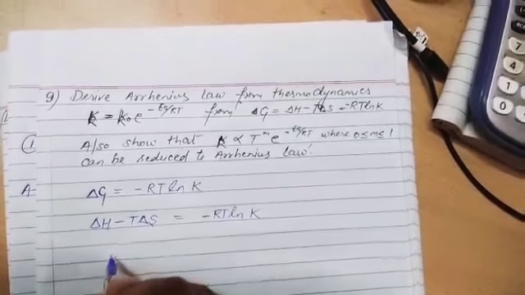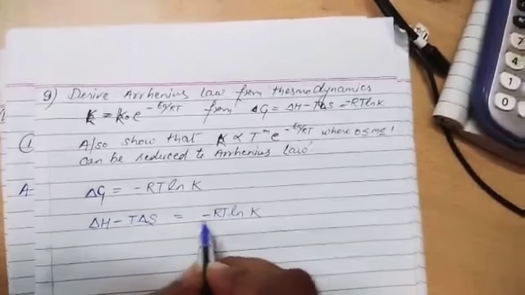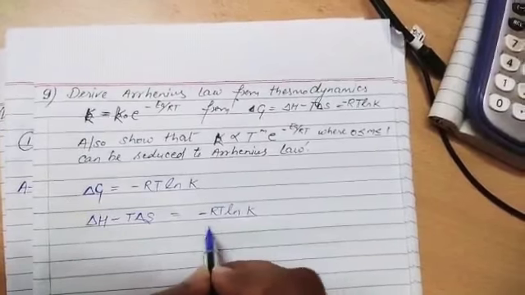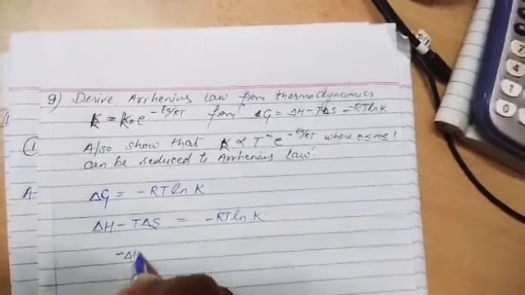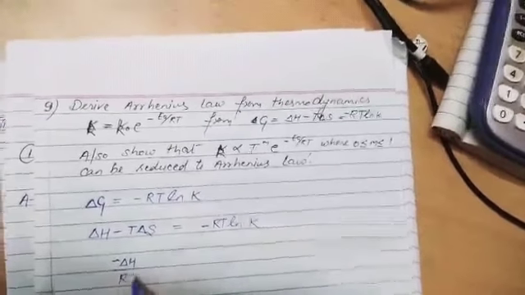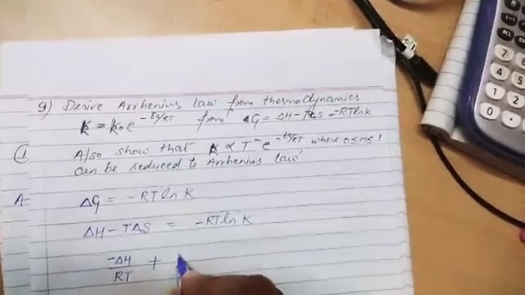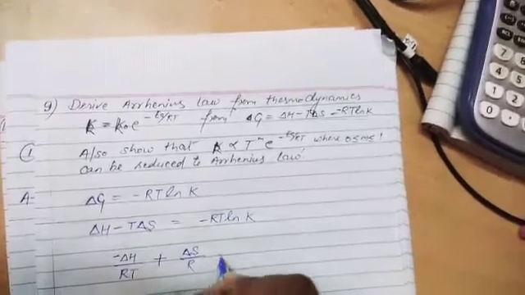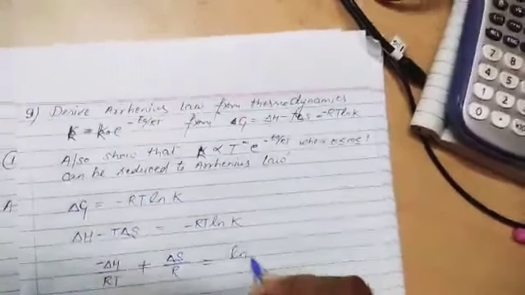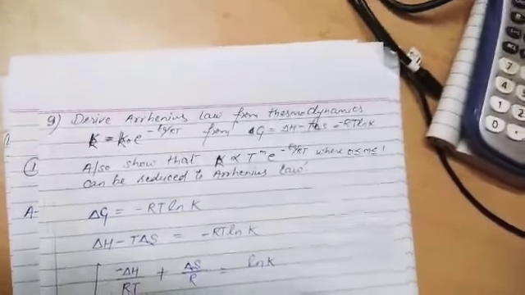Now we will have to rearrange this equation, so let's bring that minus sign along with RT to the left hand side. So we will get minus delta H upon RT plus delta S upon R is equal to ln K.